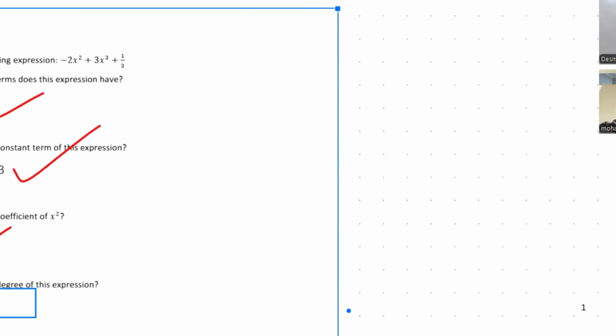When you say that's 5, let me see, why are you saying 5? Because I see there are 2 degrees and they asked for the degree of this whole expression. So I add x squared and x cubed. Okay, you add them.